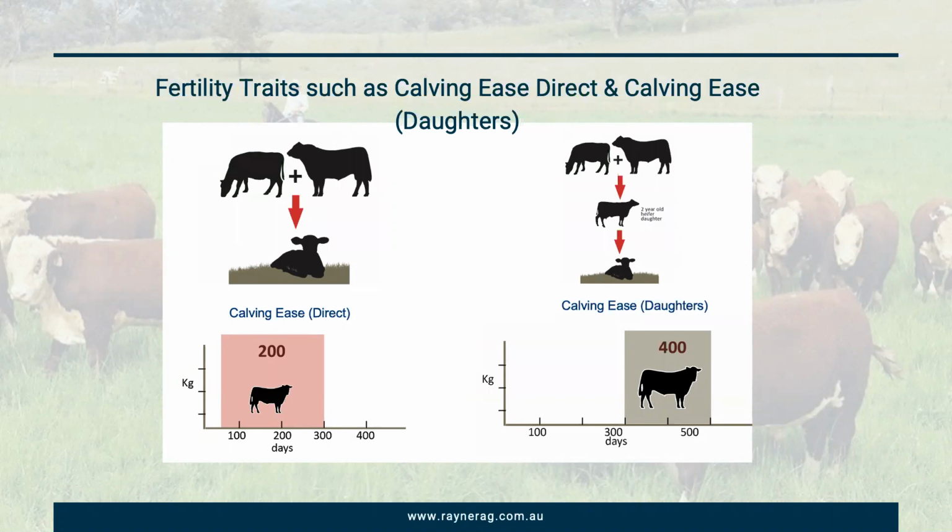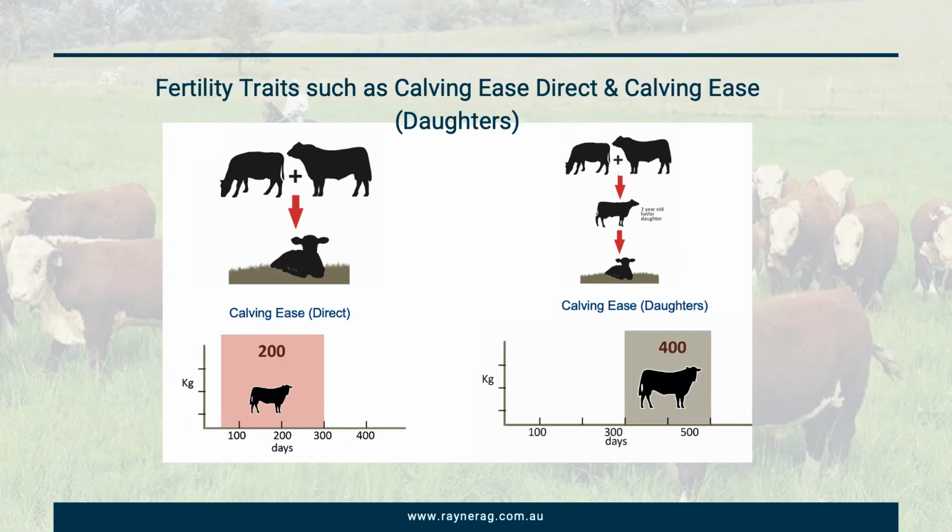Calving ease direct is about the level of intervention required to help a 2-year-old heifer calve unassisted. It's a particularly interesting trait for a lot of people who are thinking about joining heifers or looking to improve fertility rates within that group of females.